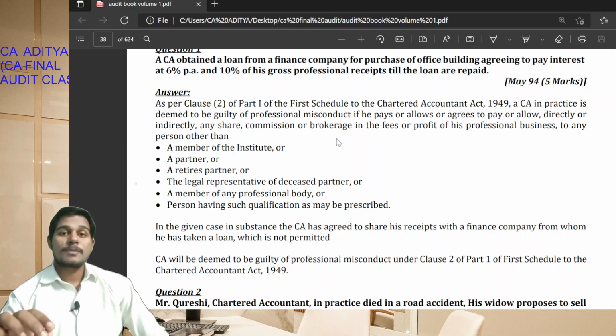See students, as per clause 2 of part 1 of the first schedule to the Chartered Accountants Act, a CA in practice is deemed to be guilty of professional misconduct if he pays or allows or agrees to pay directly or indirectly any share, commission, brokerage or profits of his professional business to any person other than a member of the institute, partner, retired partner, legal representative of deceased partner or member of other professional body or person having prescribed qualification.